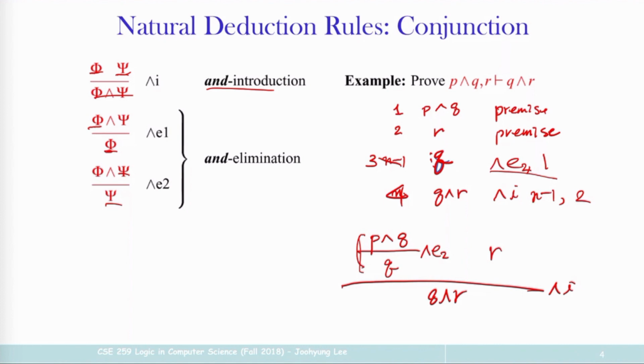Now, there are pros and cons of each approach. In the first approach, you have to give a line number, so you have to pinpoint which line you are using. In contrast, the tree notation is a bit easier because you don't have to worry about the line number. You just directly use the deduction rules. The downside is, as I said before, if the proof becomes longer and longer, the tree becomes too large, so it doesn't fit your page.